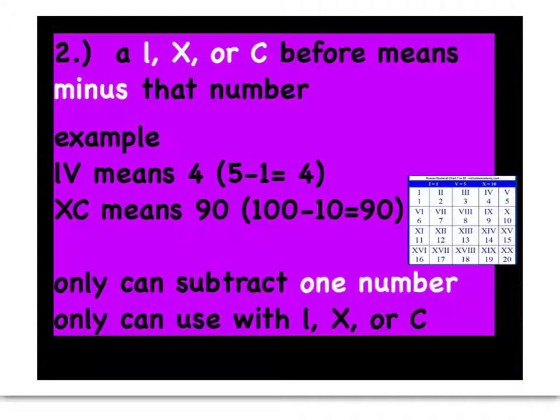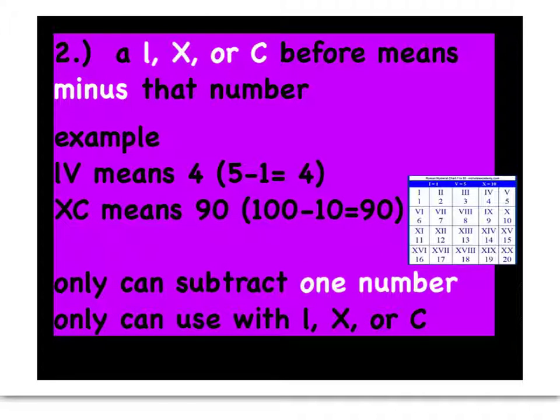Another way to word this is anytime a smaller number is before a larger number, that's kind of a red flag. That means subtract, because most of the time the numbers are listed from greatest to least, or biggest to smallest. Well, this right here, you're like, whoa, wait a second. 10 is smaller than 100. That's another indicator that we need to minus in order to get the true number the Romans are talking about.